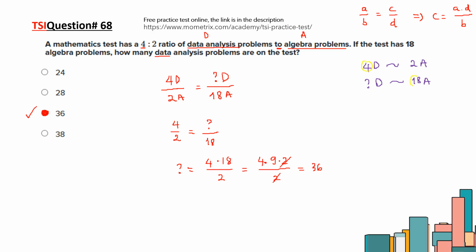So we cross multiply and divide by the rest. You can do it either way. So the question mark in this case will be 18 times 4/2, which is 2 times 9 times 4/2, and it's still equal to 36.